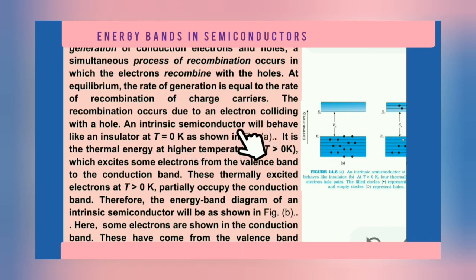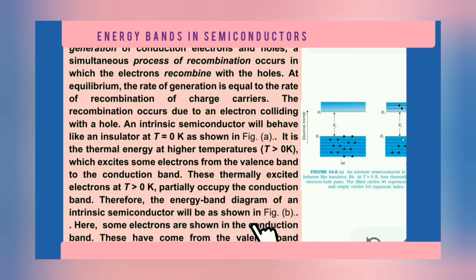An intrinsic semiconductor will behave like an insulator at T equal to 0 Kelvin, as shown in figure A. It is the thermal energy at high temperatures, that is T greater than 0 Kelvin, which excites some electrons from the valence band to the conduction band. These thermally excited electrons partially occupy the conduction band. Therefore, the energy band diagram of an intrinsic semiconductor will be as shown in figure B.